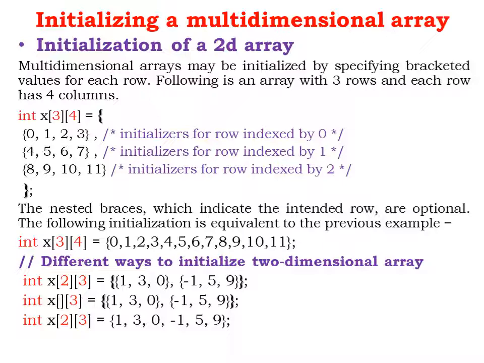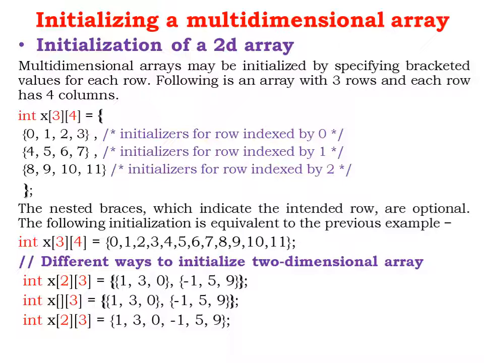Another way of initializing is int x of, I have not specified the row size, but the column size has been specified. In total we have 3 columns. So we assign the elements equal to, in curly braces, 1, 3, 0, again -1, 5, 9. So here you can see that by default, for the first square bracket, the computer will assign it as 2.